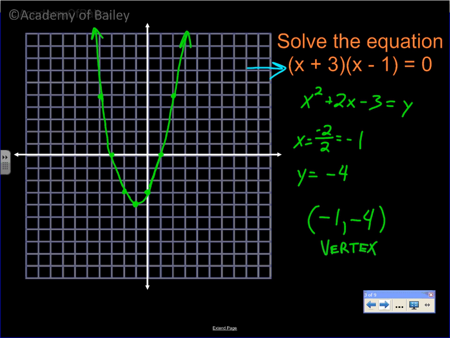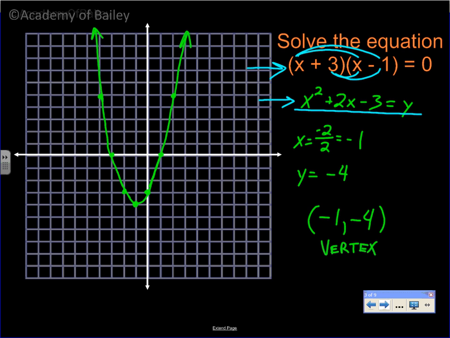Here's the equation from the last problem. x plus 3 in the first parentheses, x minus 1 in the second parentheses, that's equal to 0. So that's the equation. I have multiplied those out: x squared, negative 1x, plus 3x, and negative 3.